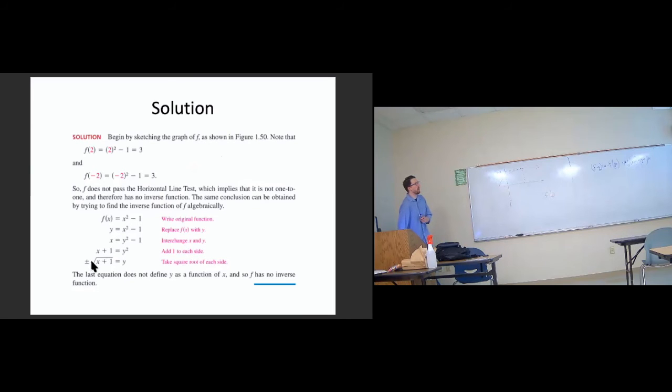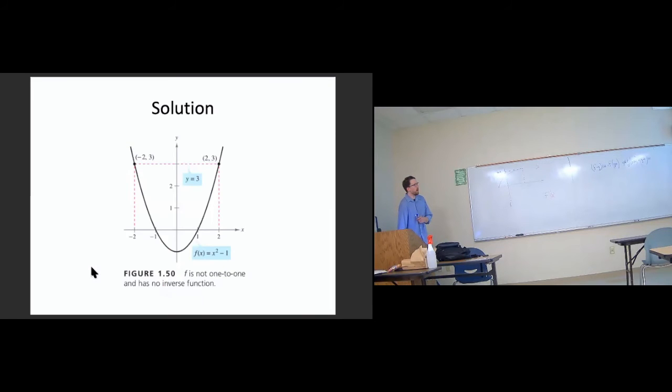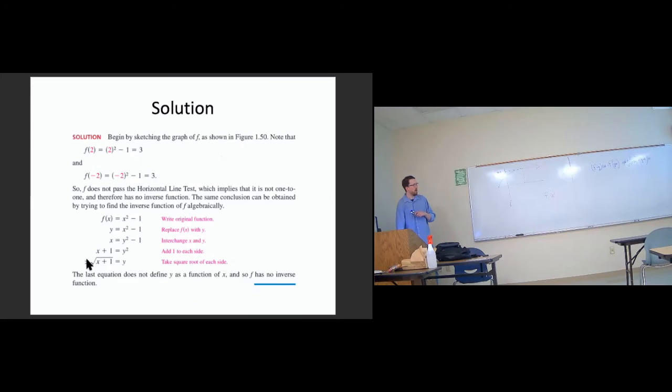And the reason why is because to undo our function, we need a plus or minus. But we can restrict that domain to force it to happen. And what we would be doing there is saying, just choose the positive part, or just choose the negative part, whichever you want. Is everybody cool with this? Yeah. It's a weird concept, I know.